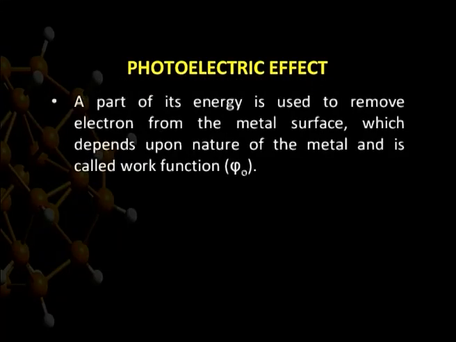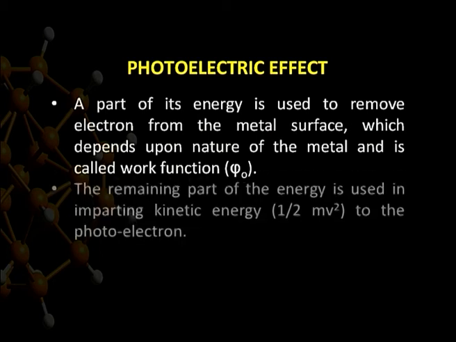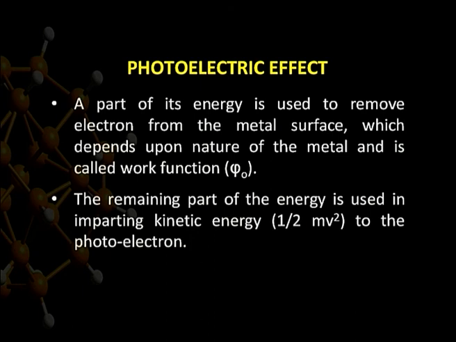Number one, a part of its energy is used to remove the electron from the metal surface, which depends upon the nature of the metal and is called the work function phi 0. The remaining part of the energy is used in imparting kinetic energy, half m v square, to the photoelectron.